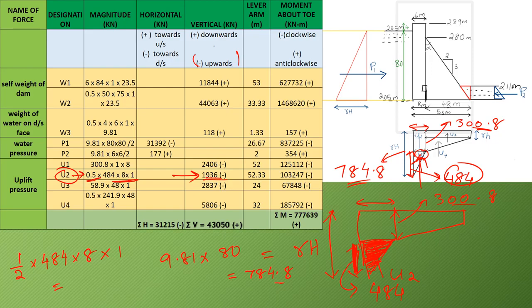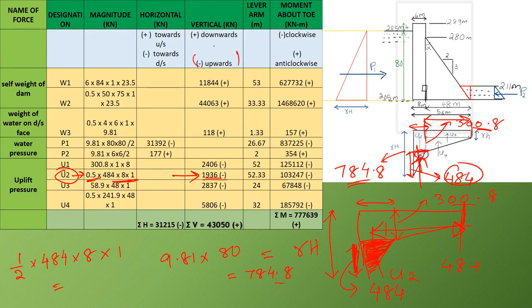Now we have to find out the lever arm. Lever arm is the distance from this point to the center of this triangle, that is this distance. So lever arm is equal to 48, that is up to this point it is 48, plus the centroid of this triangle.